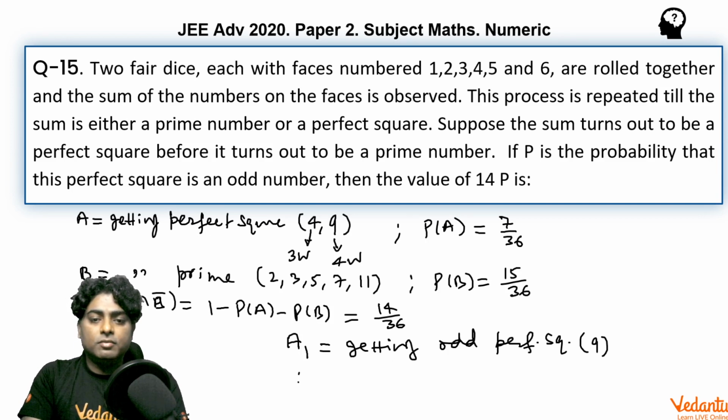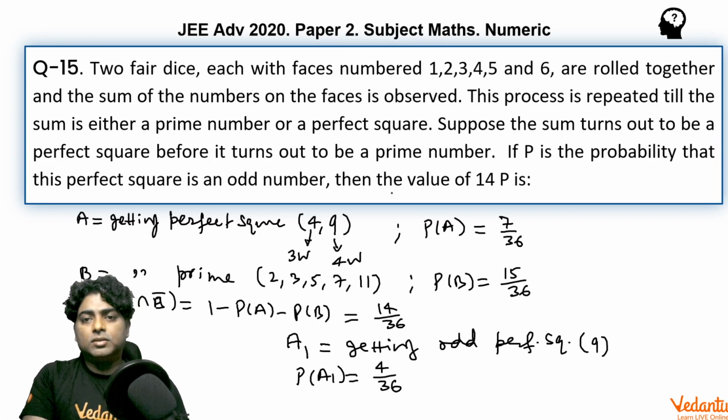So the probability of A1 would be 4 upon 36, right?